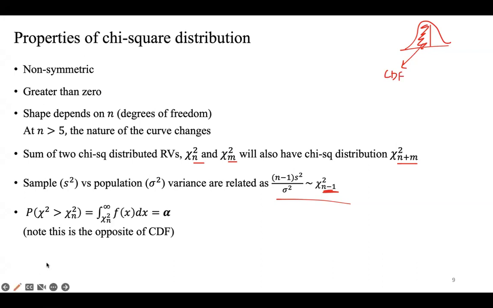But in the upcoming lectures more so, we would be interested in the area to the right. We'll also be interested in the area on the left, but a lot of times this right side, so greater than something, right? So your limits are going to be from a certain value up to infinity. When you're interested in that area, the value of that integral is going to be called alpha, and we will see where this is being used in statistics, right?